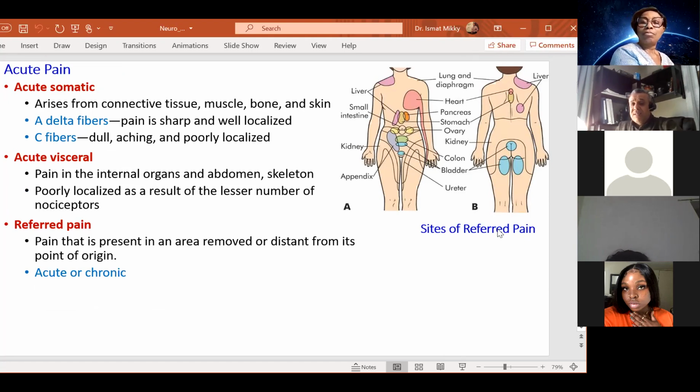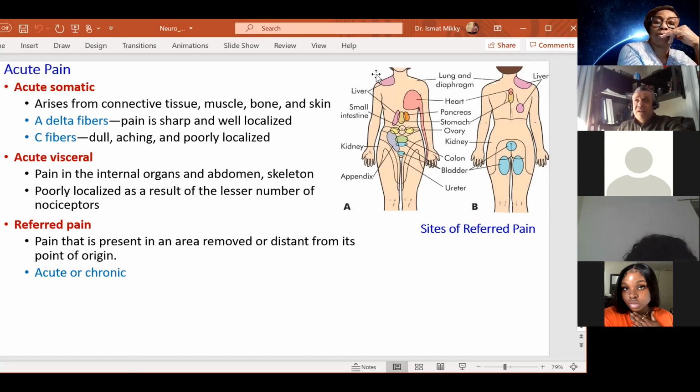Referred pain is the pain that is present in an area removed or distant from its point of origin. An example of this would be a patient with a liver problem. Sometimes they feel a shoulder pain.